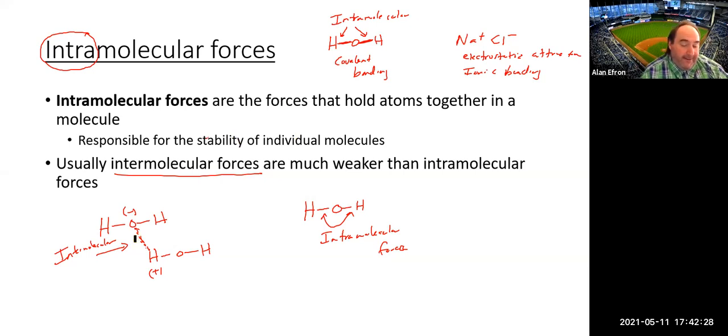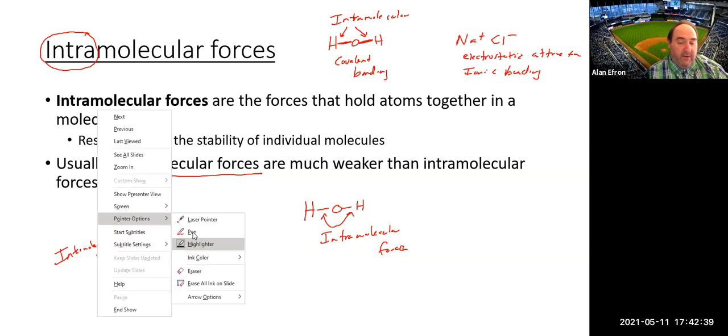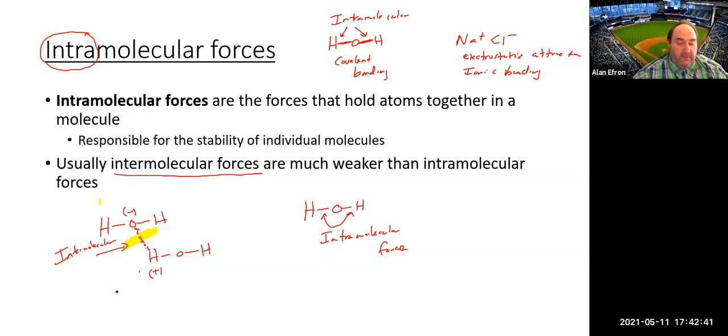What actually happens is this bond breaks first. And we know that because when that bond breaks, we end up with individual molecules that have gone into the gas phase, which is basically steam.